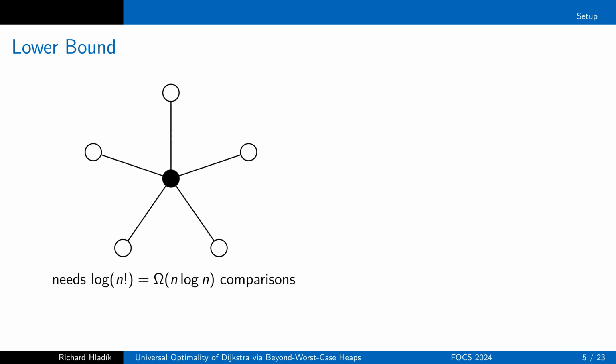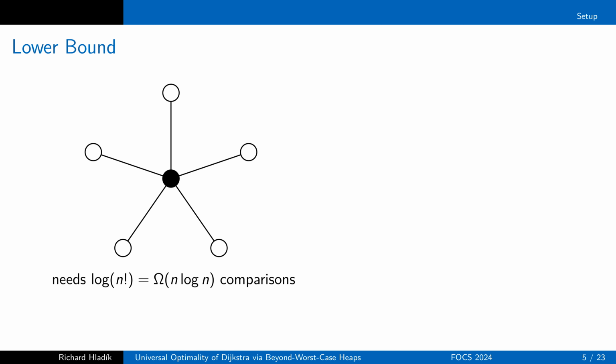Now, what's nice about this setup is that it gives us access to some information theoretic lower bounds. So we can take, for example, a star with n+1 vertices, and we can see that there are n factorial possible ways of how the vertices will be ordered based on how we choose the weights.